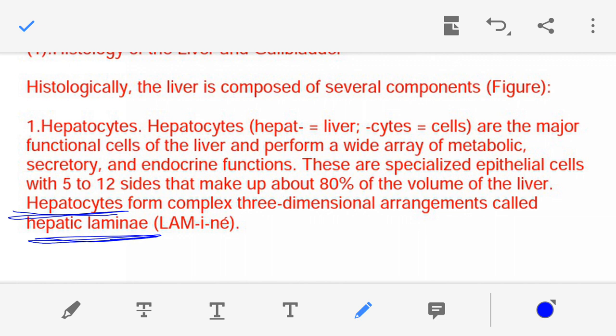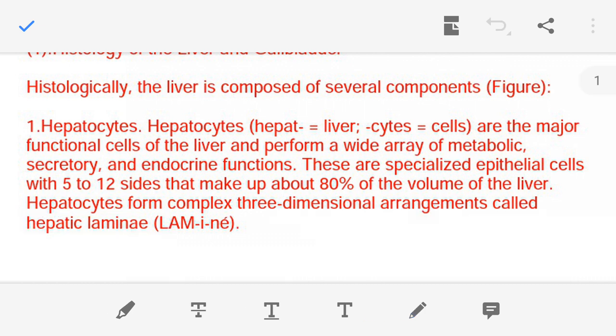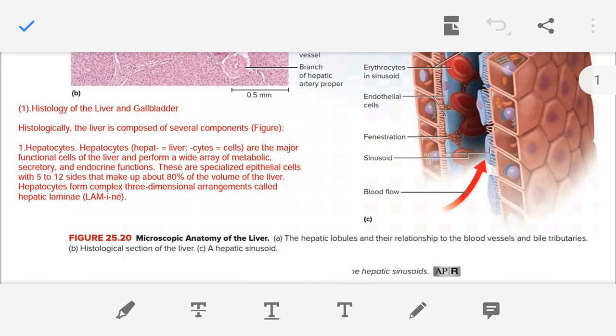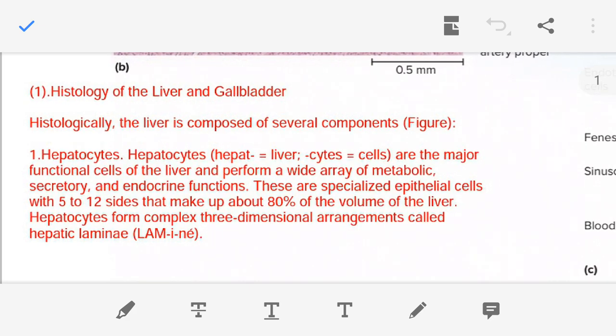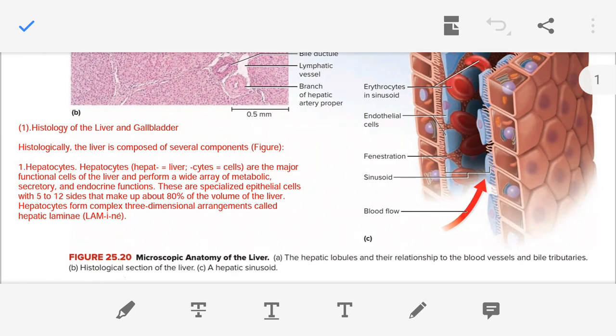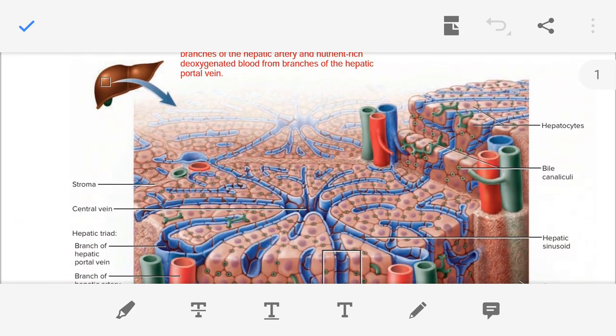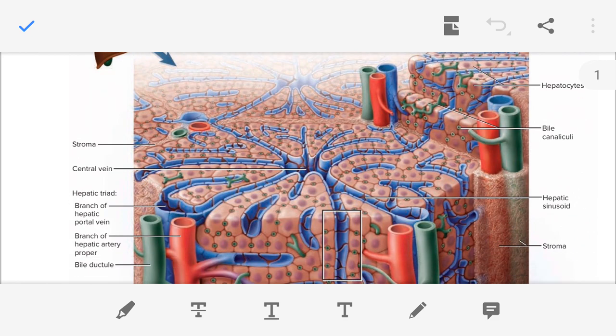The hepatocytes form a complex three-dimensional arrangement, and that arrangement is known as the hepatic lamina. In the figure I am showing you the hepatic lamina, so that you get the idea of what it is. This was the first theory point, and for this you go through this figure and all the names.